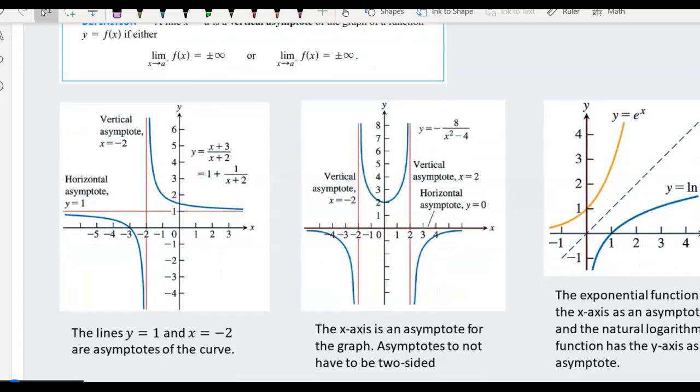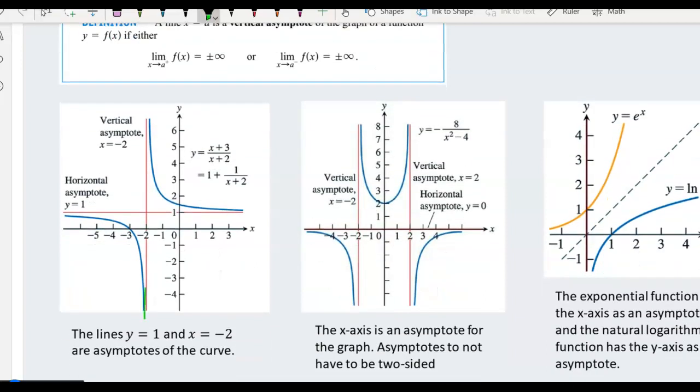So in this first graph, we can see that as the function values approach 2 from the right and from the left, on the right-hand side, the y values are going to positive infinity. On the left-hand side, the y values are going to negative infinity. So we say overall that there's an asymptote there. We don't even really need to talk necessarily about the limit. We're just using it to determine where asymptotes are.